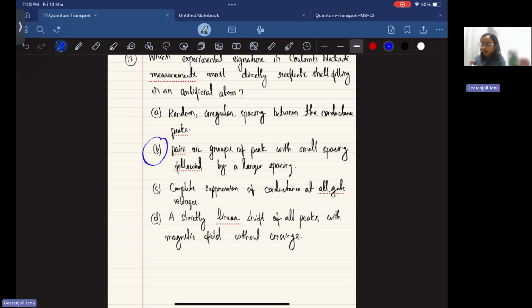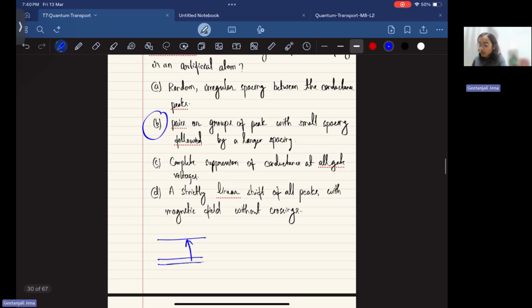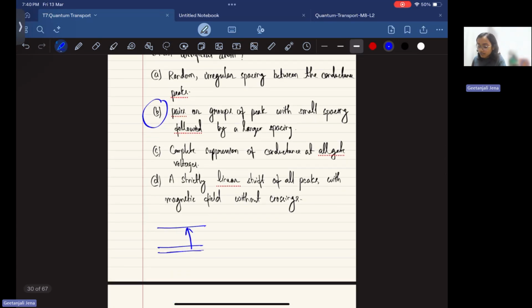If you recall, for shell filling in an artificial atom, electrons will successively occupy the degenerate energy levels of the same shell. Then the second shell has somewhat higher energy, so the energy required is a bit higher. So the Coulomb blockade oscillation will occur at a different periodicity.